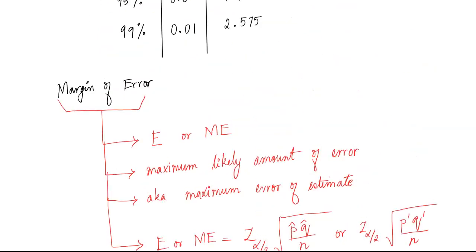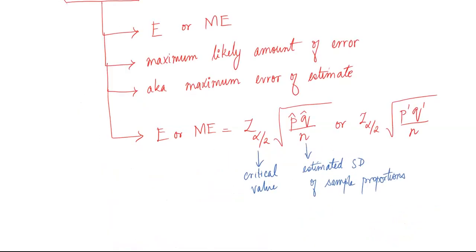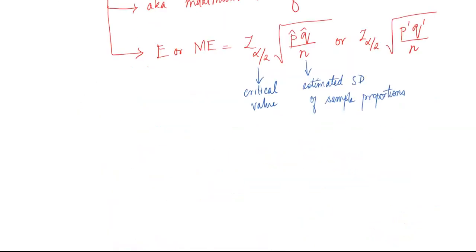I want to go back here and say for proportions. That's because we also have margin of error that we will calculate for mean, right? If you're interested in measuring the mean. Here we're interested in measuring the proportion, and so we are using it. So here's the question.